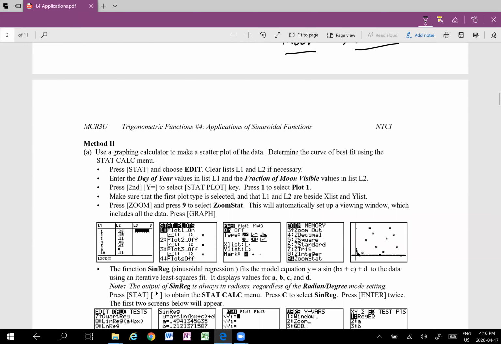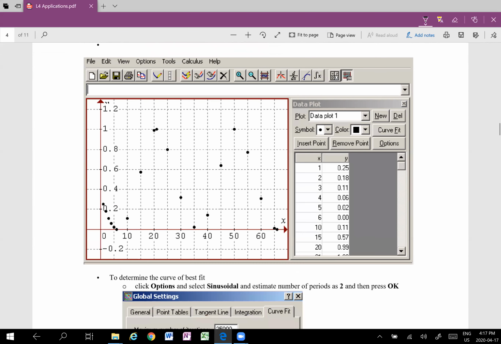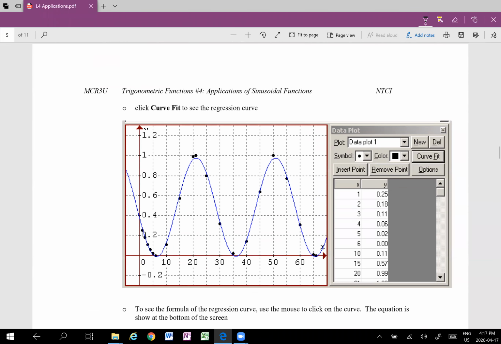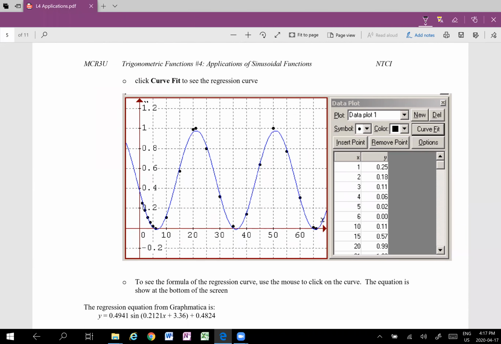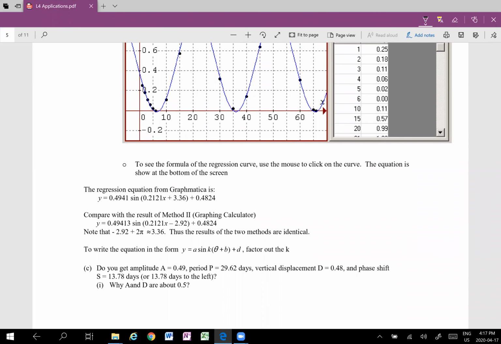So method 2 talks about using a graphing calculator, uses technology, using a program called Graphmatica, which we don't use anymore. That's why we can't have a graphing calculator. That's why we can't ask you to do this using your cell phones or anything when you're doing an exam. And what you're supposed to be doing is really just checking the equation right here.